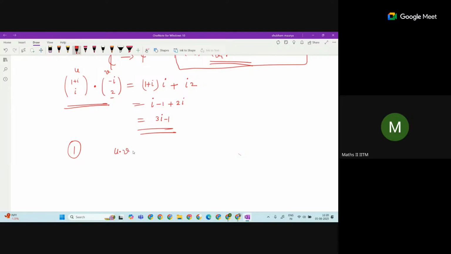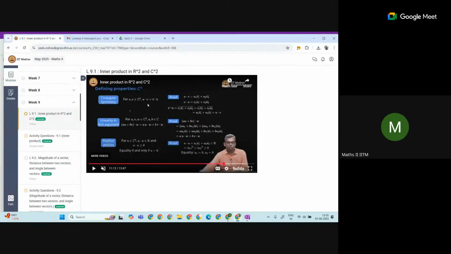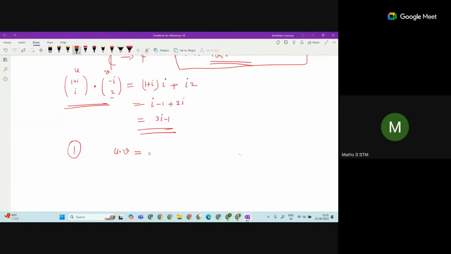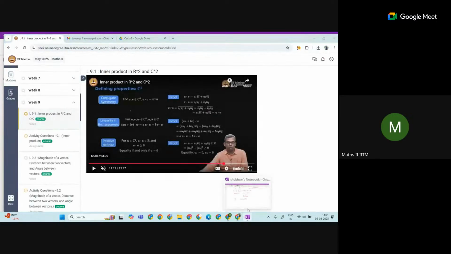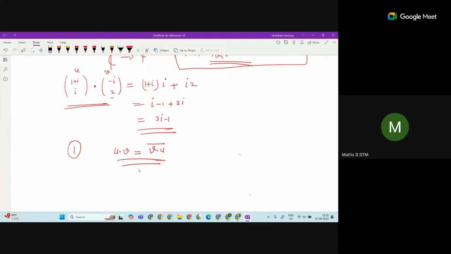If you do the dot product between these two, it is nothing but the conjugate: u dot v is v dot u, and then conjugate. This is called conjugate symmetry.